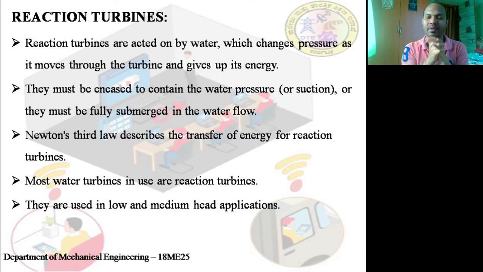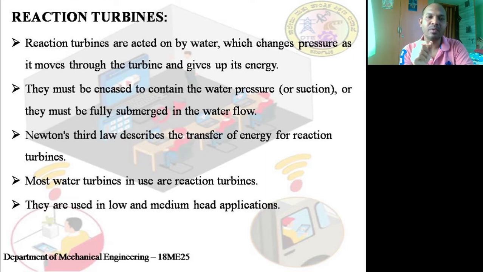Basically, one small note I just want to make here. In the impulse turbine, the impulsive force of action is the major cause for conversion of kinetic energy into mechanical energy. Whereas in the reaction turbine, what happens?